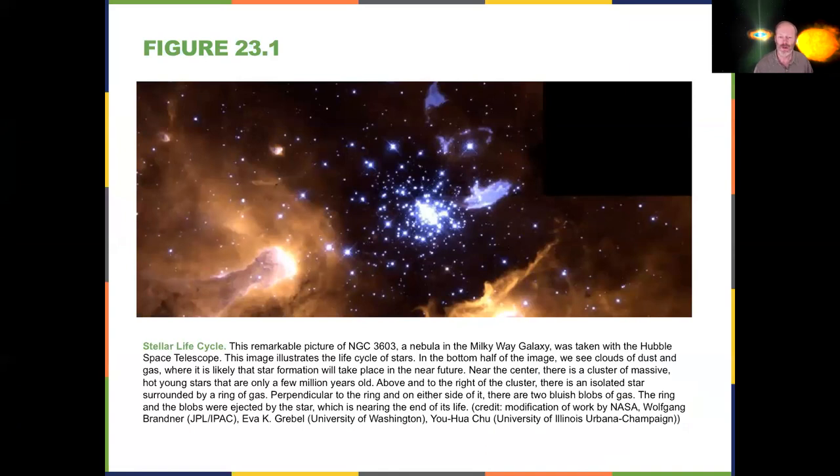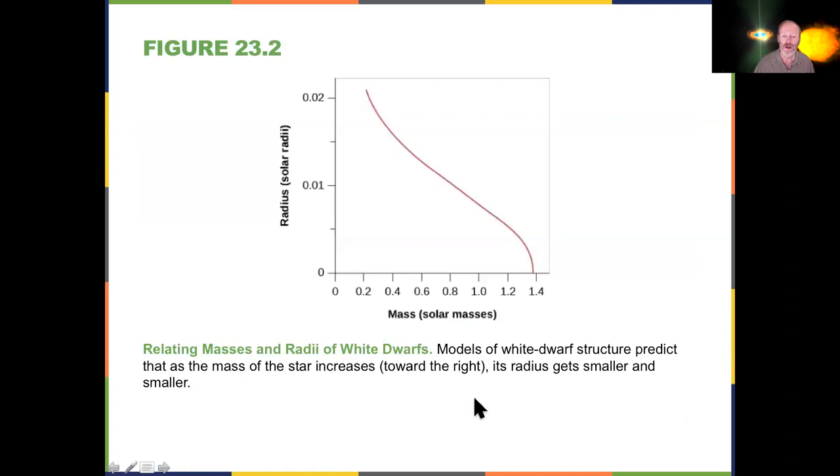One of the things happening here is a lot of the gas that's around has come from previous stellar events, stars that have exploded and returned their material back out into space. Some of the other blobs are things that are forming into new stars. We've talked about the life cycle of stars, but one of the things that we haven't talked about very much is what happens at the end. So that's what we're going to be doing here.